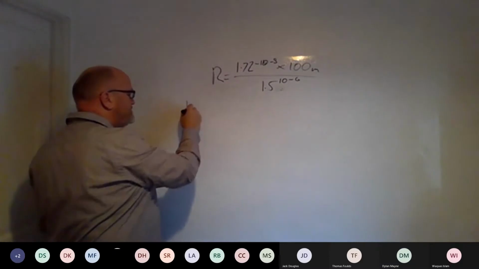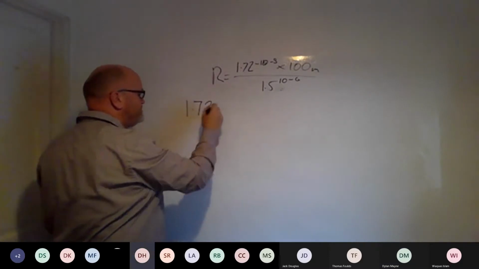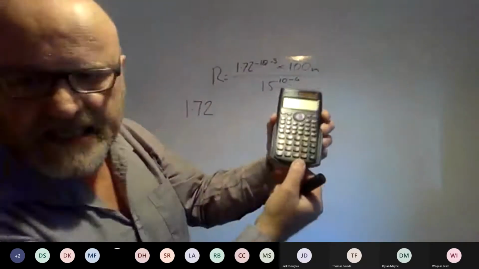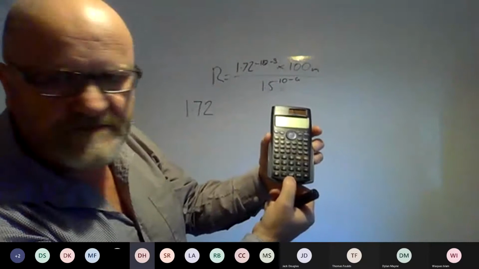So in your calculator, just follow the steps. If I put 1.72 and then press, if you can all see that, you have the X10 button here at the bottom in the middle.